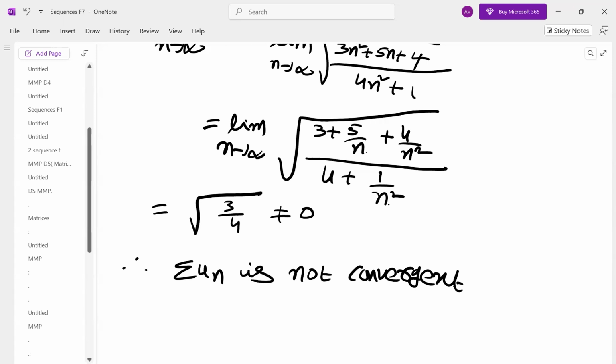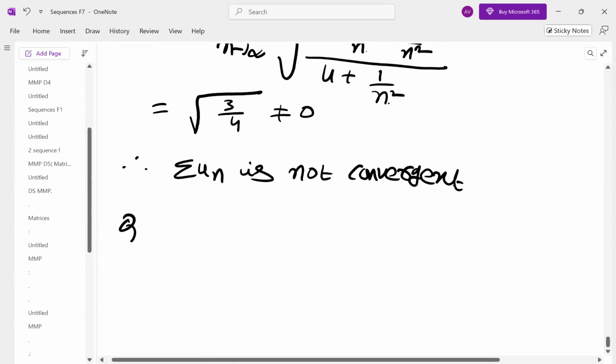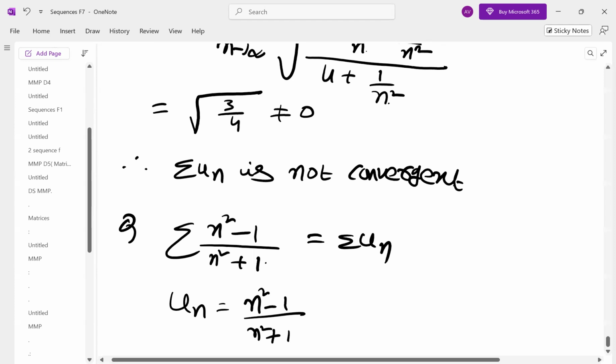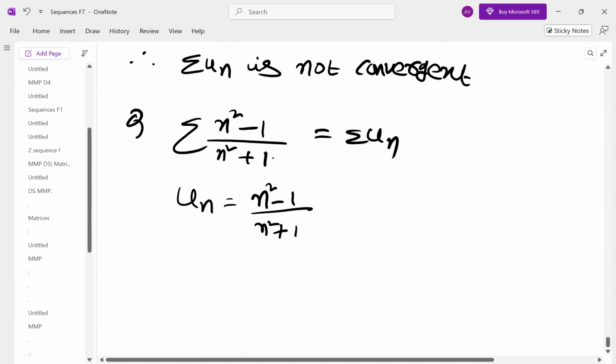Next. Another interesting one, given in many papers. All these questions you can find in some paper or the other. Students struggle a lot for some questions, but they're so simple. Repeatedly given in many papers. This is summation un. We want to know whether they are convergent or not. They go to ratio test, this, that, wasting time. But using preliminary test, you can come. So this is limit un. How to find out?